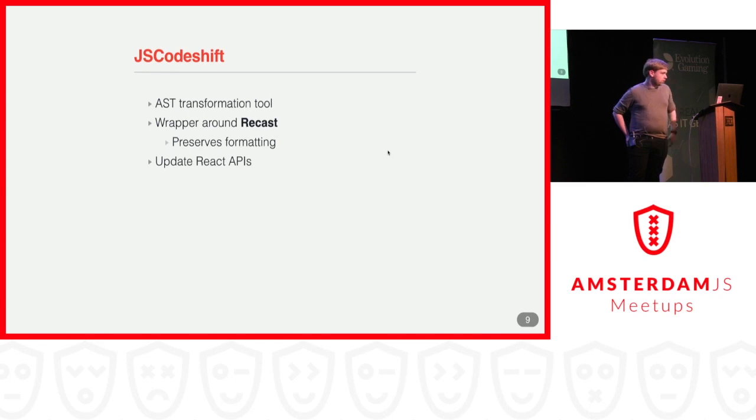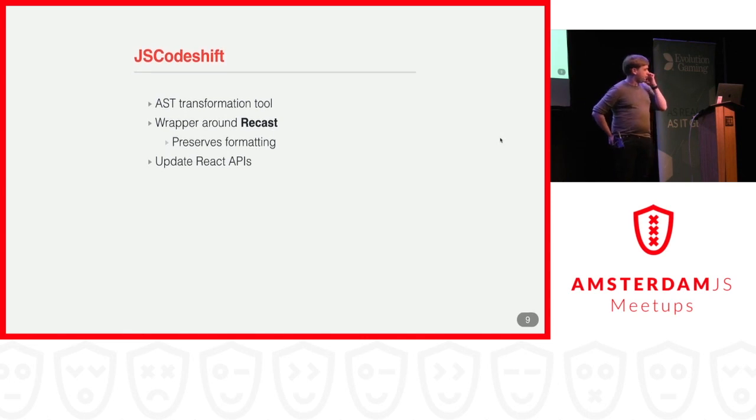So one other tool that I want to look more into today would be JS Codeshift. JS Codeshift is a tool developed by Facebook that is pretty much an AST transformation tool. It's a bit similar to what Babel does, but exposing the way that you can transform your application.